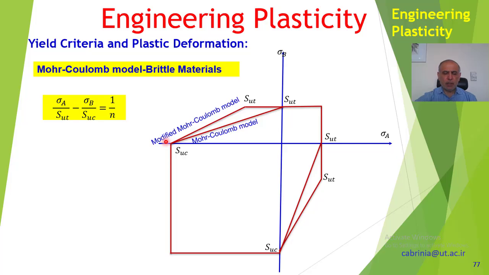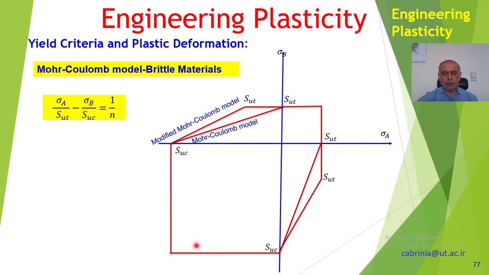Abbreviation, it is called MM. So that's MM, and that is the DMC. Okay, ductile Mohr-Coulomb, and that is modified Mohr-Coulomb. That's how we show it in brief.